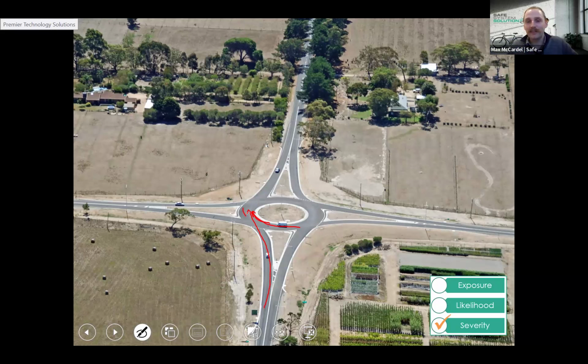And what I also spoke about there is if you put a giant circular island in the middle of a roadway, it's very, very good at waking up drivers and forcing drivers to slow down. So it's very good at reducing severity because it is impacting or affecting the impact speed, impact angles.